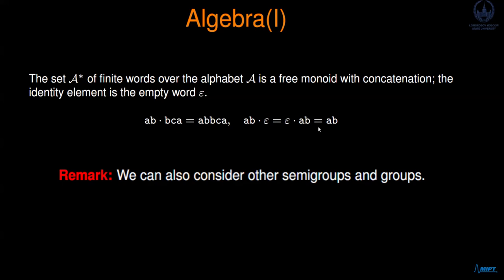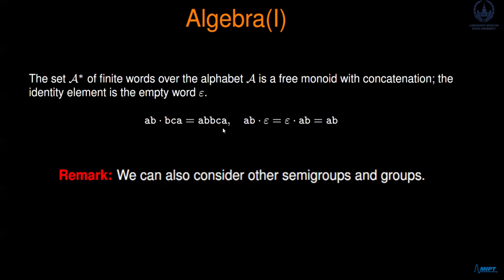Concatenation itself follows a simple rule: when you concatenate two words, you simply join them together. For instance, AB concatenated with BCA is ABBCA. Here, two words AB and BCA are concatenated to form a single word ABBCA.